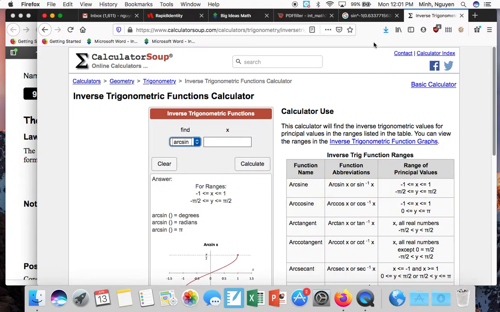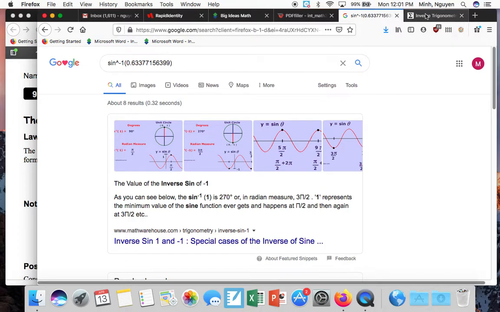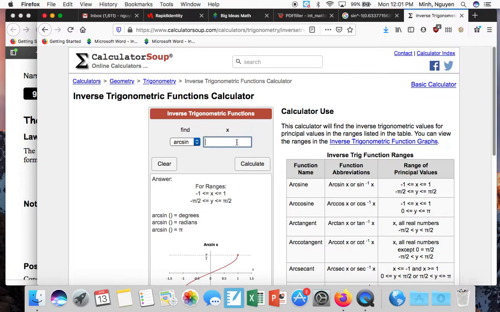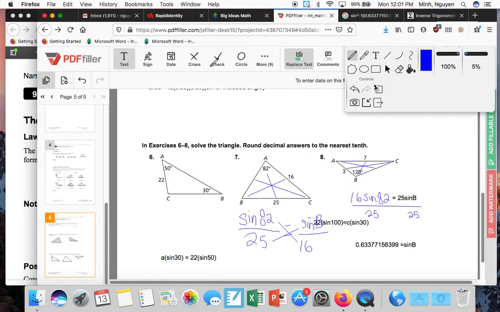So basically, if you have a scientific calculator, it looks like this, or like this. What you put in, the input, is the ratio, and what you get out is the angle in degrees or radians. Depends on how you set the calculator. So let's see.